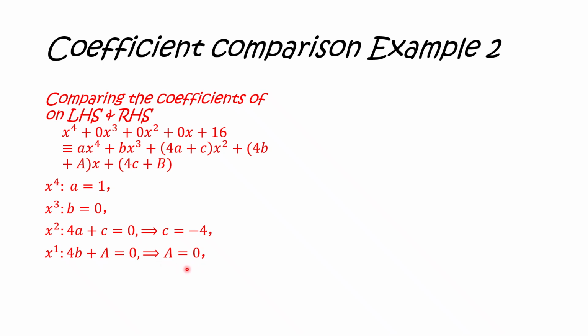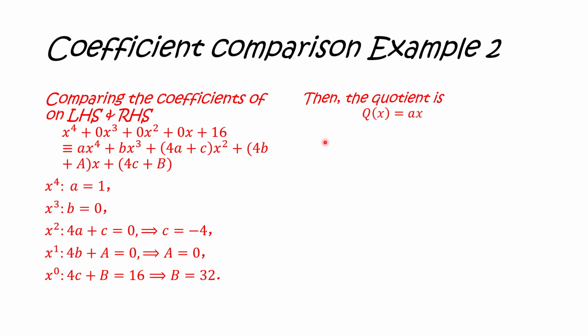So meaning that the A term in the remainder is 0. For x naught, that is the constant term, we have that 4c plus B is equal to 16. Substituting with the c of minus 4, the capital letter B for the remainder becomes 32.